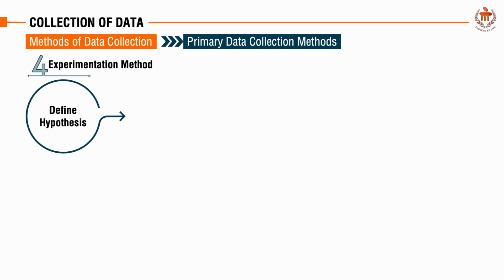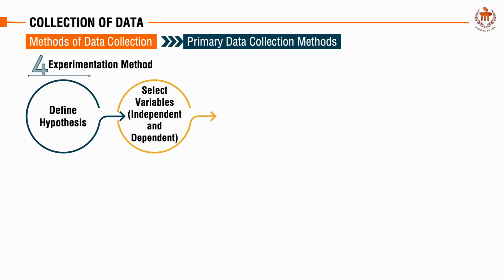The experimentation method includes defining hypotheses, selecting variables, independent and dependent, designing the experiment with control and treatment groups, collecting data and analyzing results. The process of conducting an experiment involves several steps. First, a hypothesis must be defined, which states the expected relationship between the variables. Next, the variables are selected. It can be independent or dependent. Independent variables are those which the researcher manipulates. Dependent variables are observed for changes.